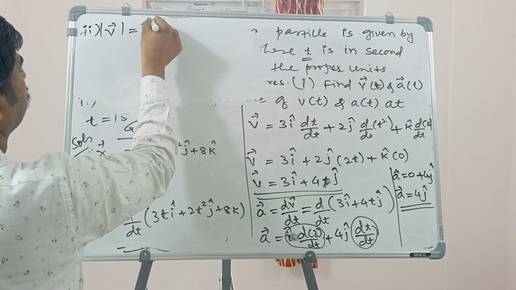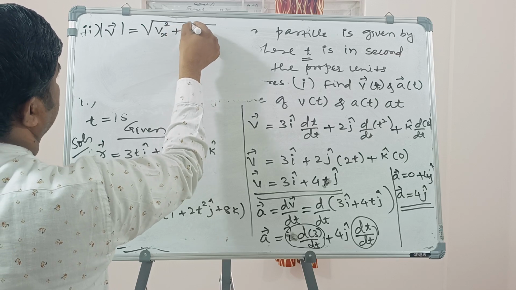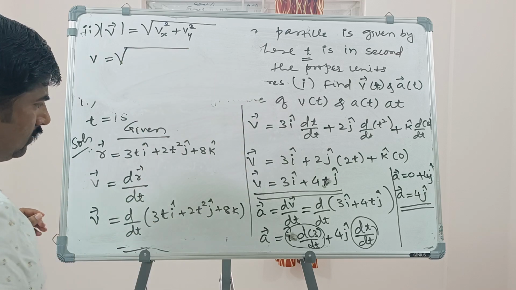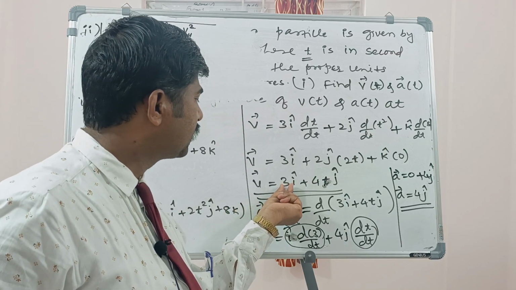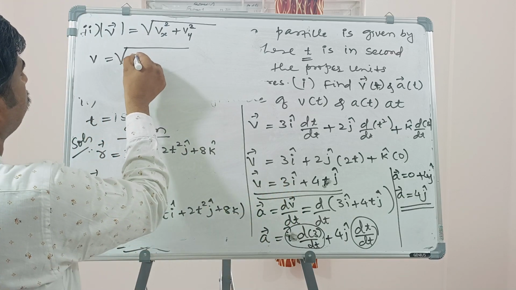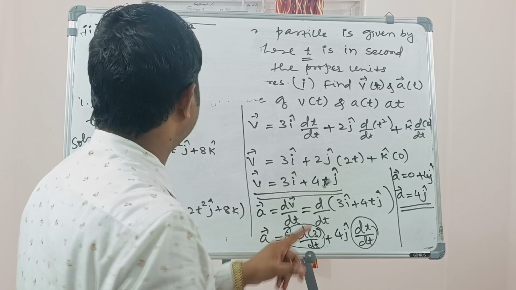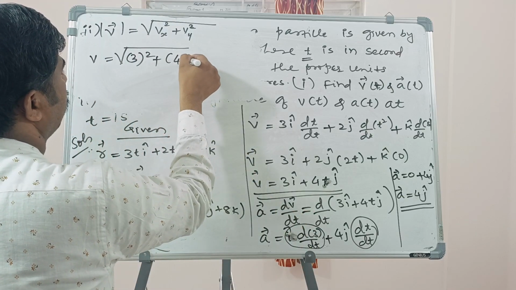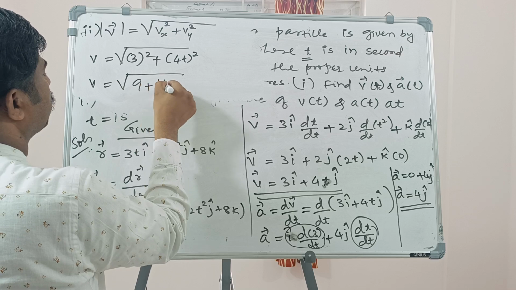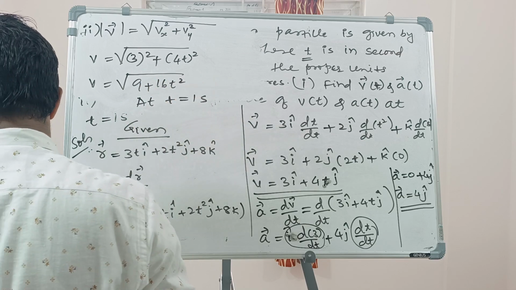We will take the components of i, j, k, the sum of squares of the components. That is, v is equal to the square root of, what is vx value here? This is velocity along the x-axis. You can take this as 3 square, plus what is velocity along the y-axis? That is 4t square. Then we can write v is equal to 3 square is 9, 4 square is 16 t square, at time t equal to 1 second.